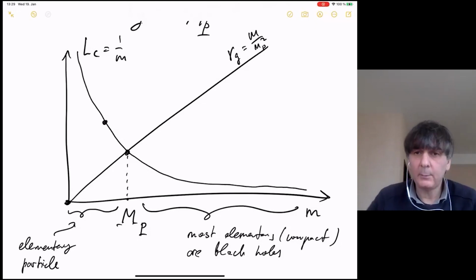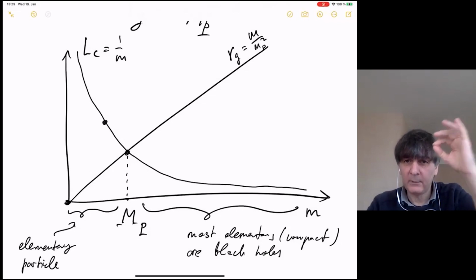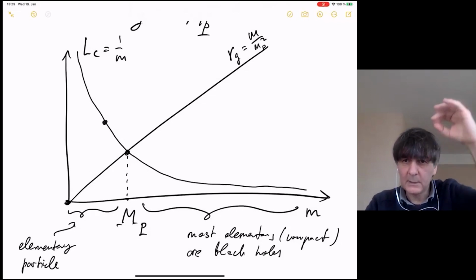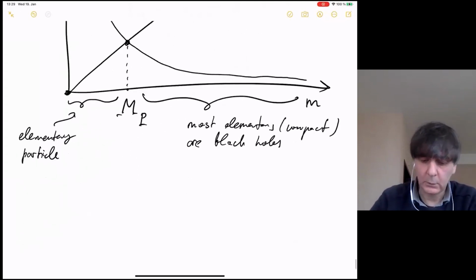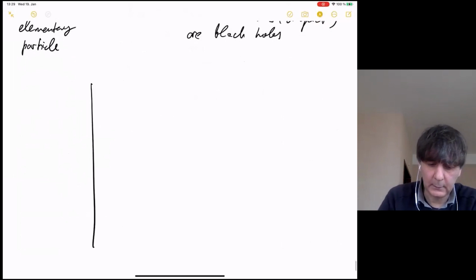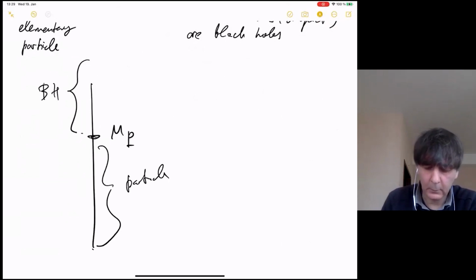And the separation happens at the Planck mass. So Planck mass, therefore, has a very interesting meaning. That's a boundary between the world of elementary particles and the world of black holes. So we can write it like this, Planck mass. Here we have black holes, and here we have particles.